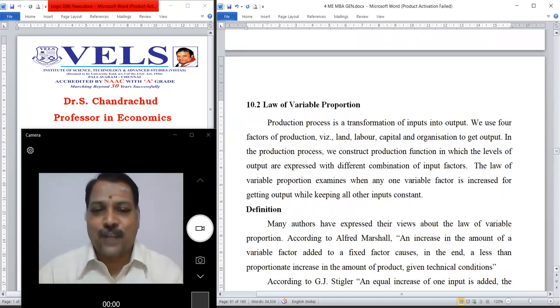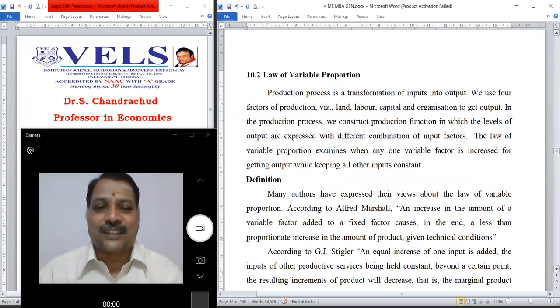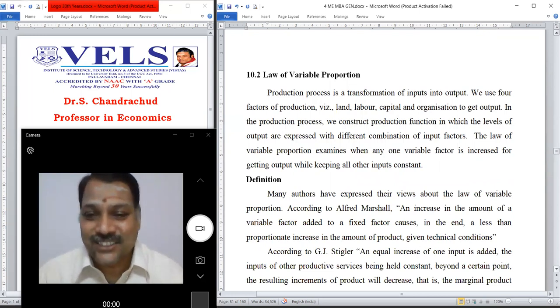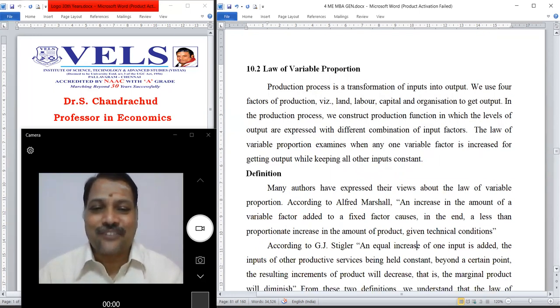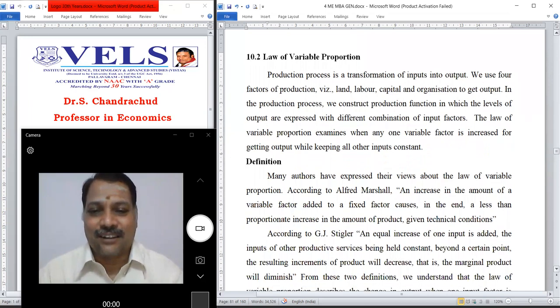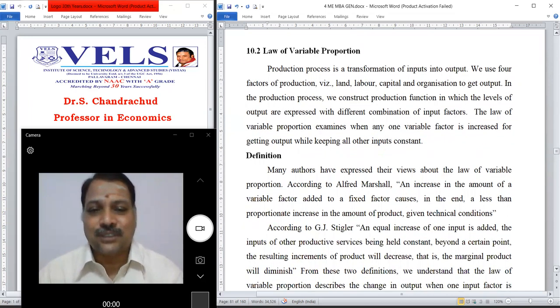The law of variable proportion examines what happens when any one variable factor is increased for getting output while keeping the other inputs constant. So we can define this particular concept, law of variable proportion.